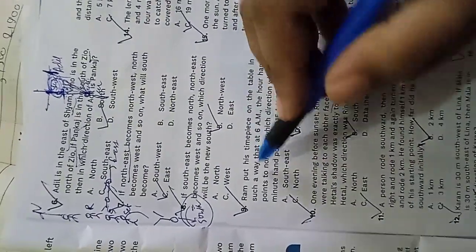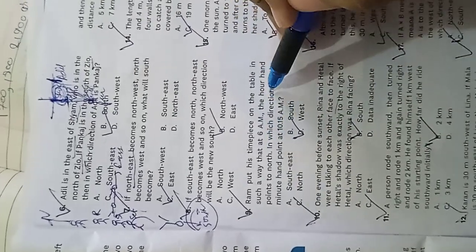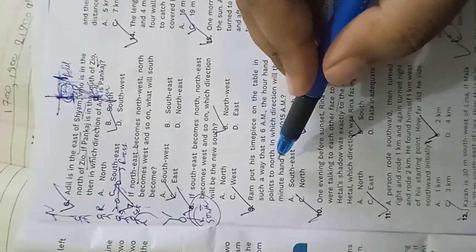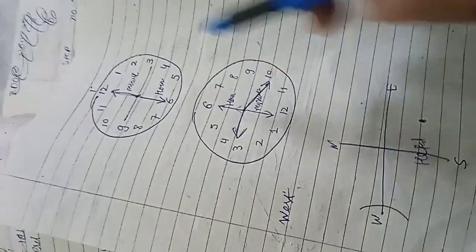This is the same question like this. Ram put his timepiece on the table in such a way that at 6 a.m. the hour hand points to the north. So he must be keeping his timepiece like this. At 6 it is pointing north.